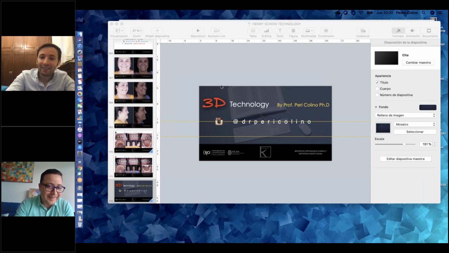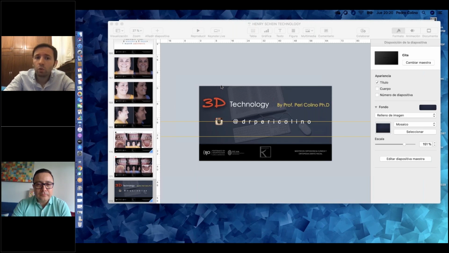Exactly. A lot of people think that they don't do good orthodontics because they don't use CBCT. No, they are very good orthodontists, but they would be even better if they had more information. Especially now with the new approach of understanding that orthodontics is more than just moving teeth around.